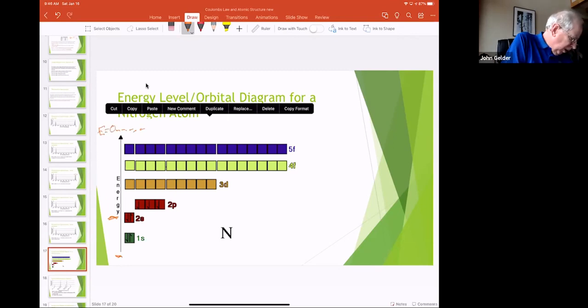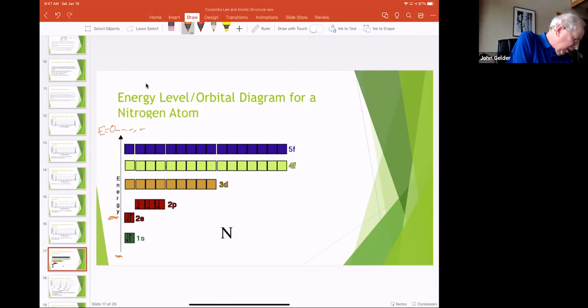And so as Mr. Akampura was saying, if the energy is 0 way up here at the top of this little diagram, then going down, these are all negative energies. And so when we talk about the binding energy, we're talking about the energy that's required to remove an electron from the 1s, the 2s, or the 2p level.